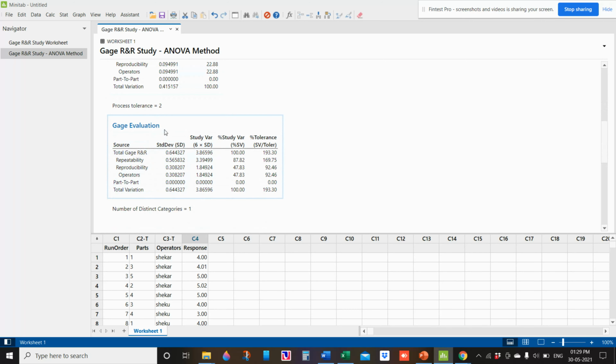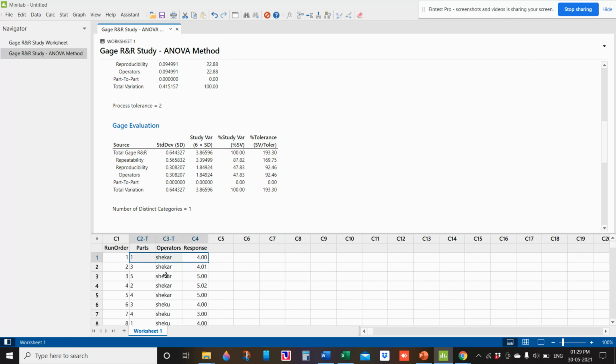Coming to the gauge evaluation, percentage study variation is 100 for total gauge R and R. So this is also not good. That means the data is very irregular, it is telling. Let us see. For the first part, Shaker has given response as 4.